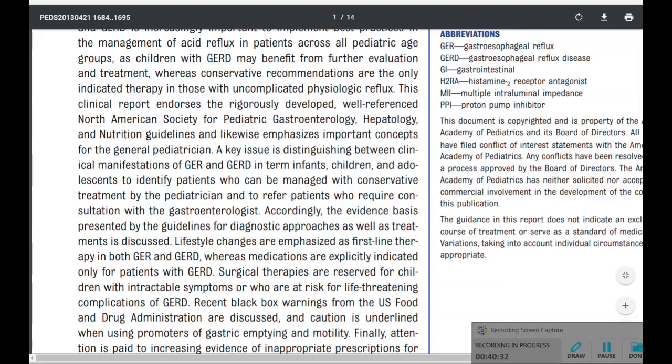Lifestyle changes are emphasized as first-line therapy for both GER and GERD, whereas medications are explicitly indicated only for patients with GERD. Surgical therapies are reserved for children with intractable symptoms or who are at risk for life-threatening complications of GERD.